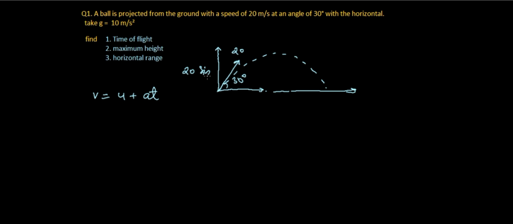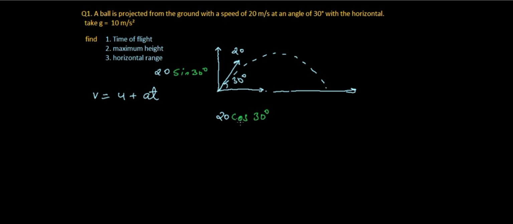Let's clear it and write it properly with a new color. Okay, sine 30 degree of 20, and here of 20 cos 30 degree. Why we have taken sine 30 degree and cos 30 degree?